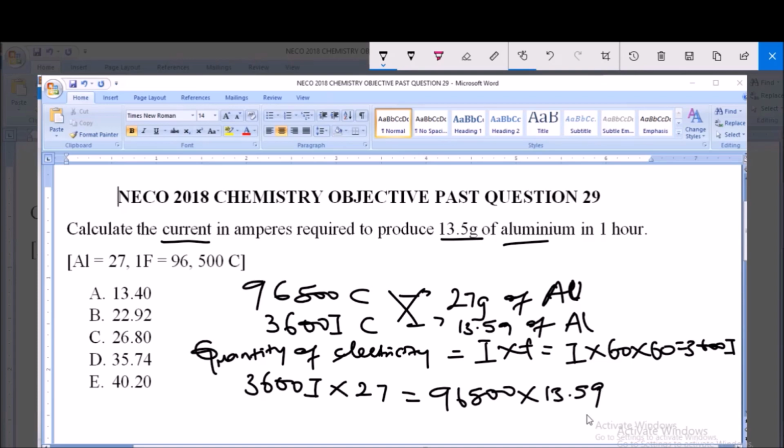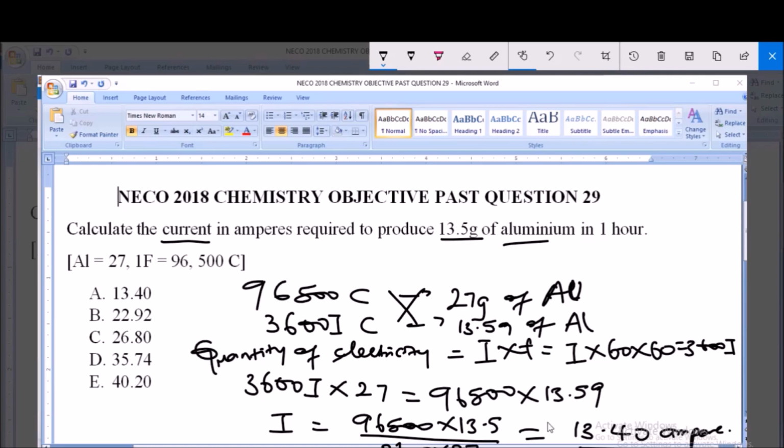Now from here we can see that I is equal to 96,500 multiplied by 13.5 all over 3,600 multiplied by 27, and this will give us 13.40 amperes. So the current in amperes required is actually 13.40 amperes, and that is option A.